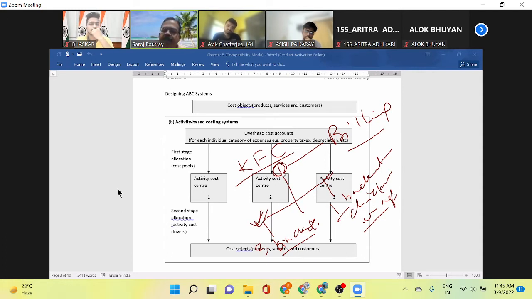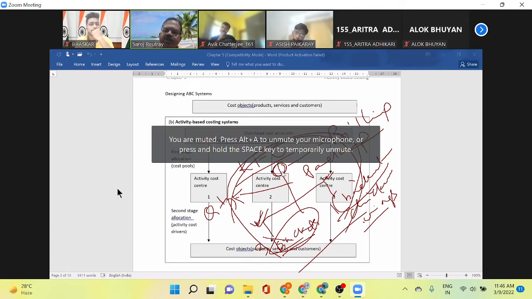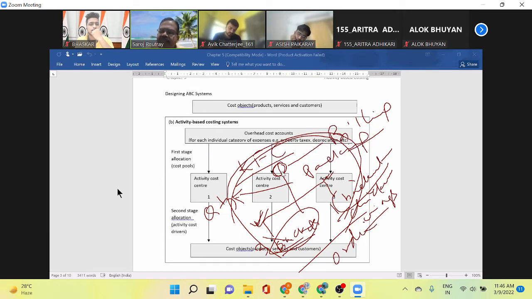But packing cost depends on the number of buckets you are buying. Preparation cost again depends on the quantity you are buying. So different costs are driven by different cost drivers. But if I take the whole expenses and just divide by the orders or quantity, then what will happen?